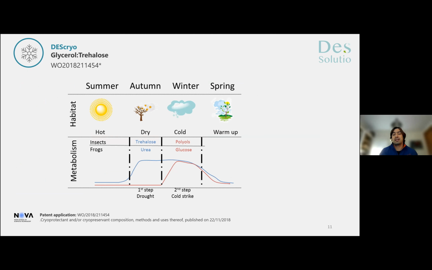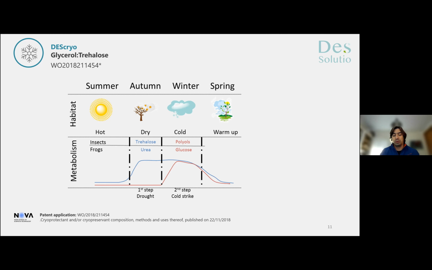For example, in Alaska, where you can have winters with minus 20 or minus 30 degrees, and then summers with 25 or 30 degrees. So how do animals survive this? What we realized is that in winter, for them to survive, they literally freeze. And afterwards, in spring, they start to warm up and then defrost and completely survive the process.